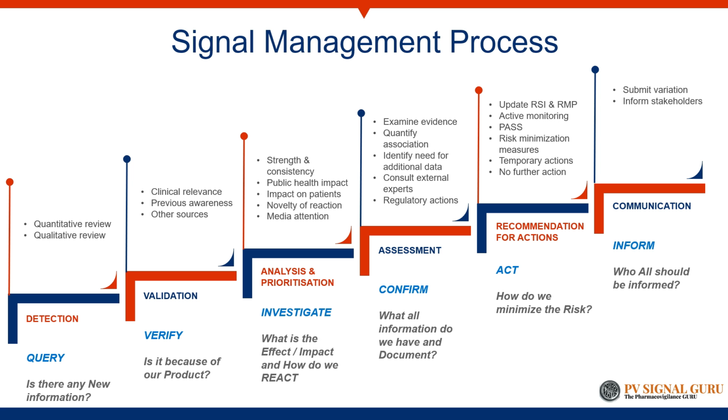Each step from detection to action and communication builds on the previous one, ensuring a thorough evaluation of risks. And it also tells us that collaboration and communication are critical to the success of signal management, ensuring all stakeholders are informed and aligned.